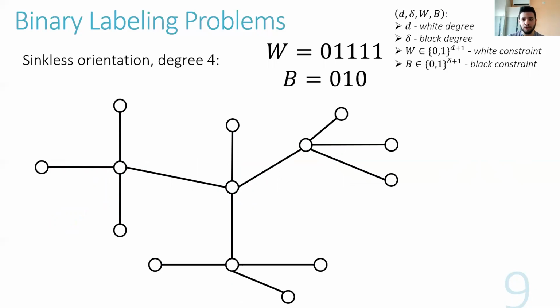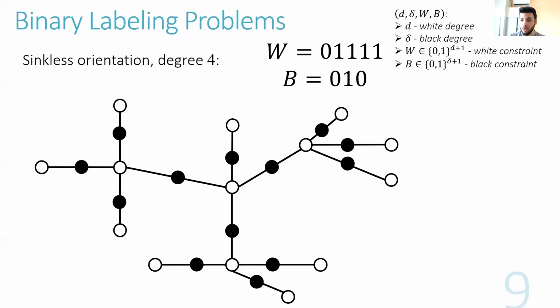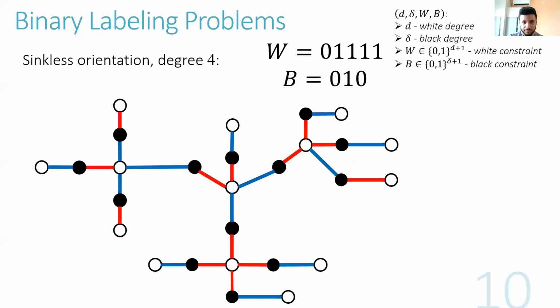Well, what the white nodes could do, they could simulate the existence of these black nodes and then solve the binary labeling problem with a constant overhead in the round complexity.